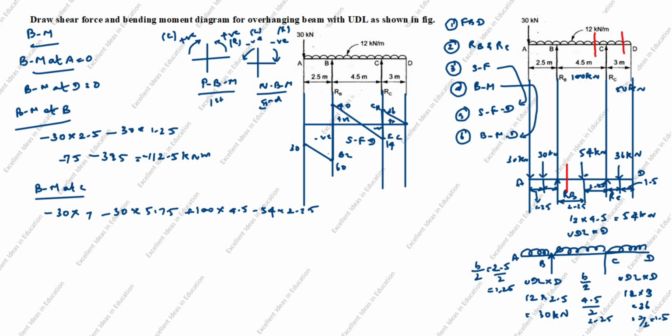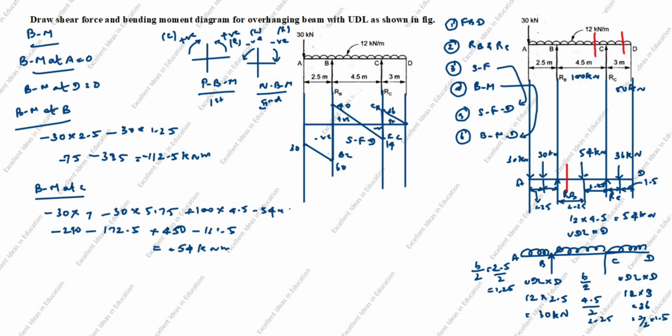Minus 30 into 7 is minus 210. Minus 30 into 5.75 is minus 172.5. Plus 100 into 4.5 is 450. Next, minus 54 into 2.25 is minus 121.5, equal to minus 54 kilonewton meter.